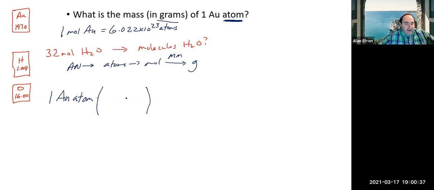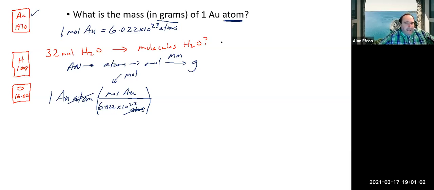So we want to get rid of atoms. So we would actually put Avogadro's number on the bottom per mole of gold. If I stop the calculation right at this point, I am in units of moles, which is close to what I want, but I actually want grams. So that's going to require the molar mass, which we would get from the periodic table.